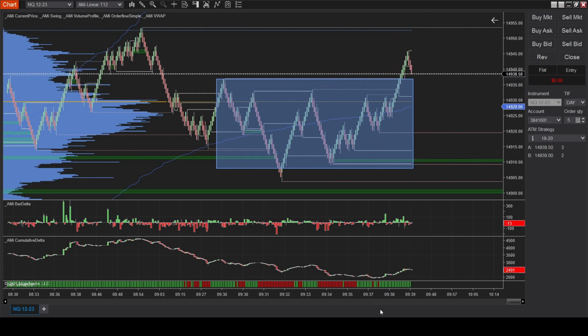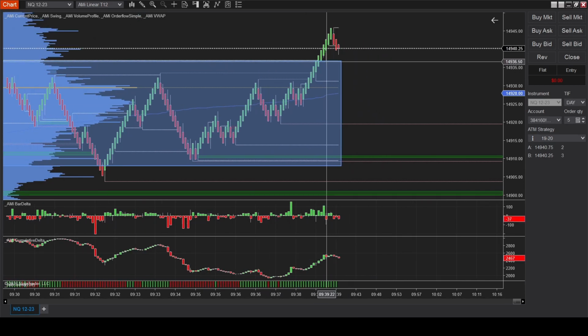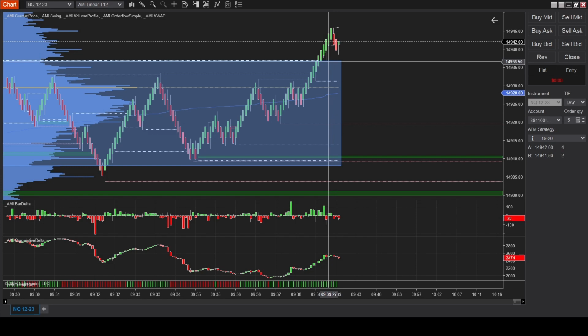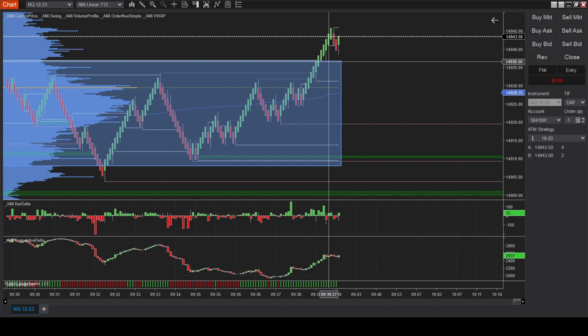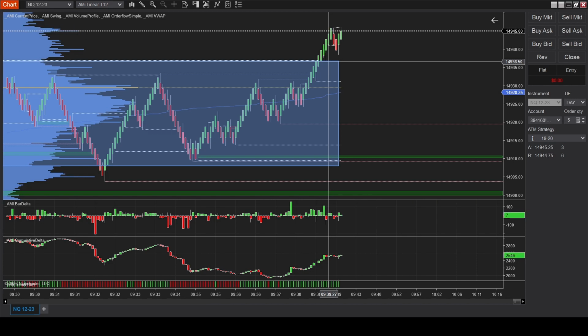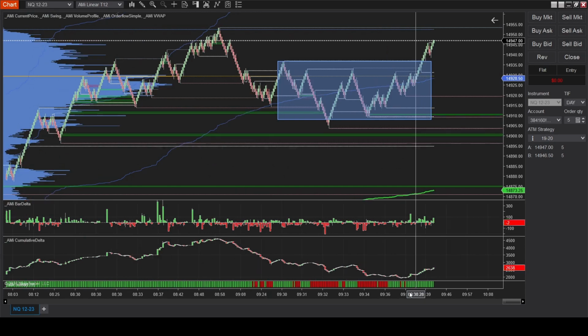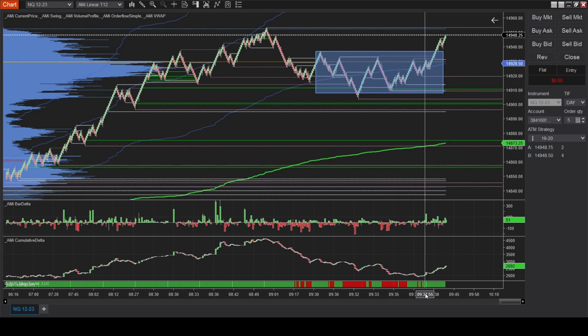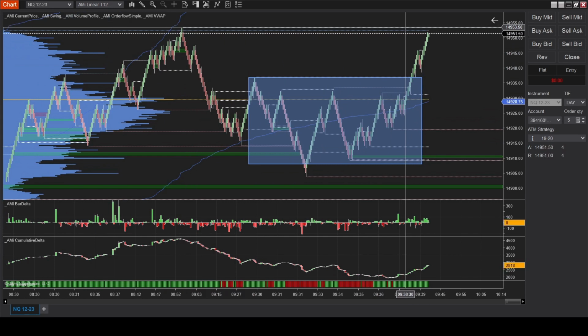We also have a wick there. The market might want to retest here, some stops. We'll see what happens. About to take out the overnight high.